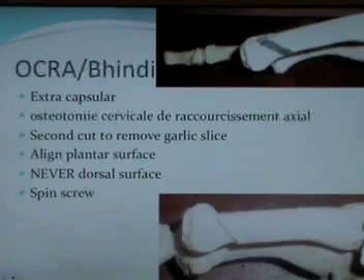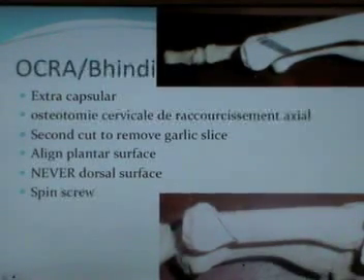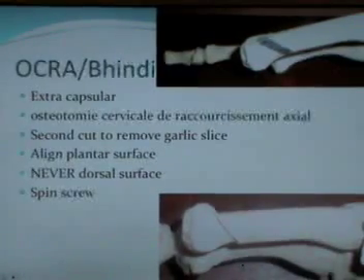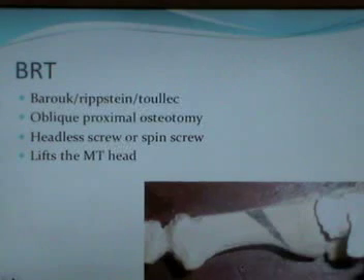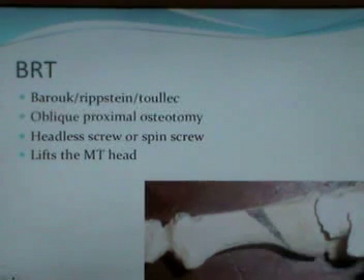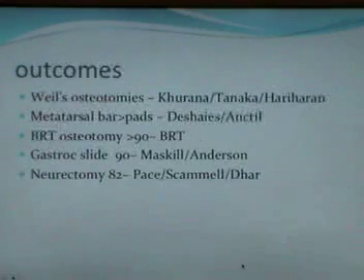When you want to perform your fixation, align the plantar surface and not the dorsal surface, and you can use a screw again. The BRT osteotomy is an oblique osteotomy in the proximal part of the metatarsal. It's a closing wedge osteotomy, and you're going to leave a hinge on the plantar surface, which you can fix the osteotomy with a headless screw.